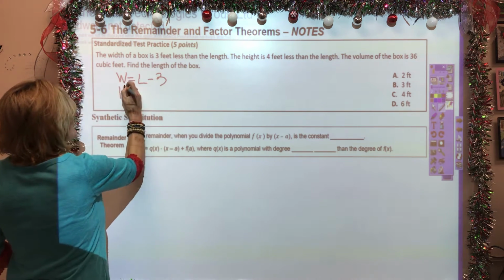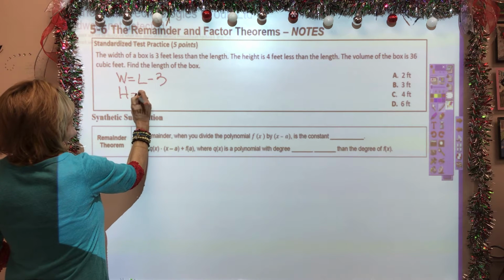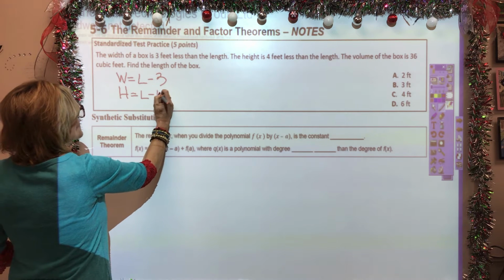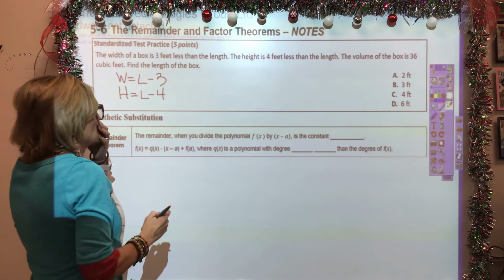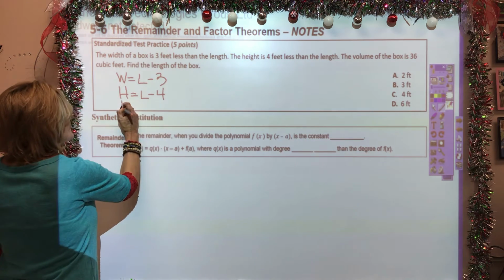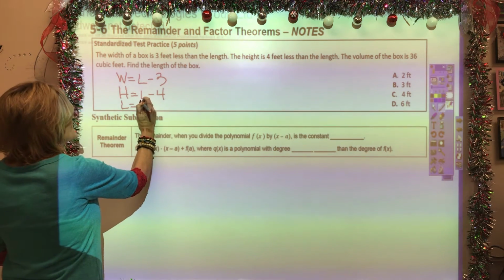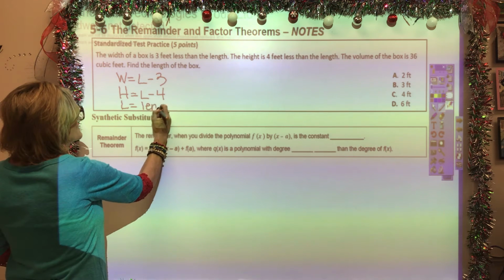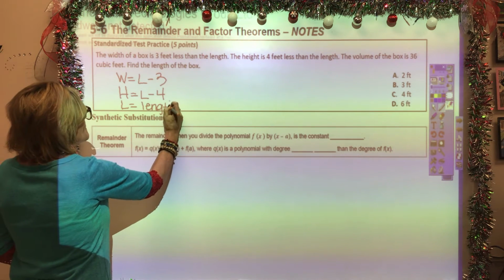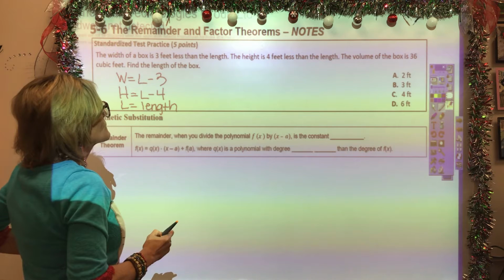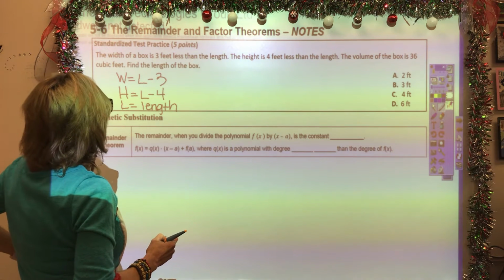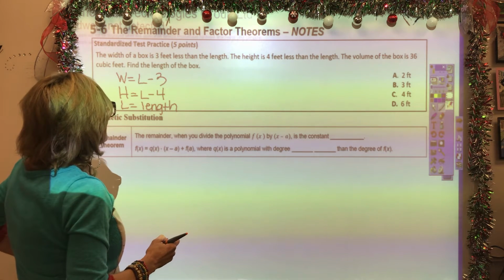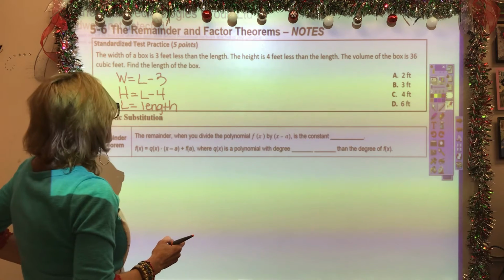So the height is the length minus 4. So therefore the length would be L. And it says that the volume of the box is 36 cubic feet. Find the length of the box.